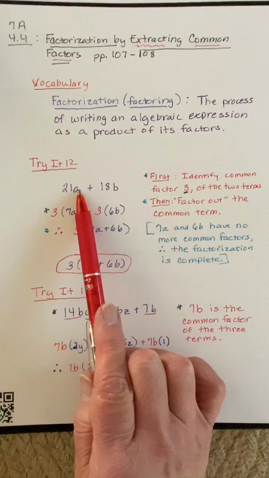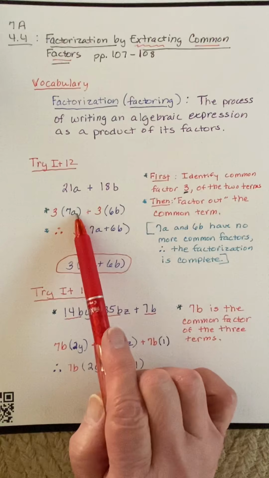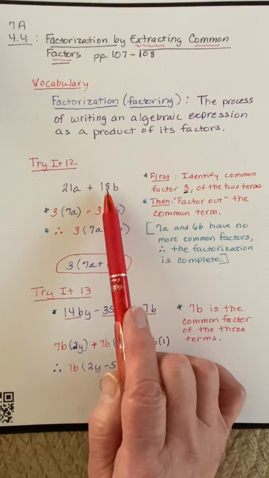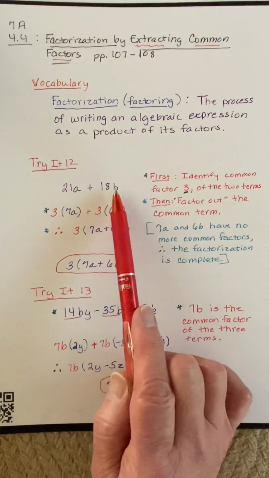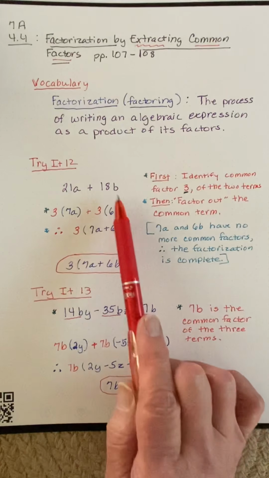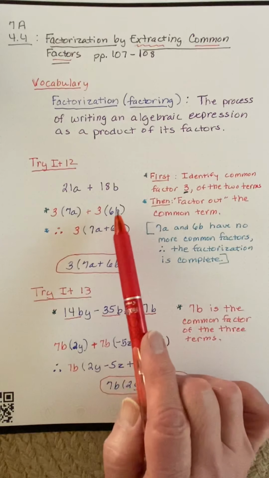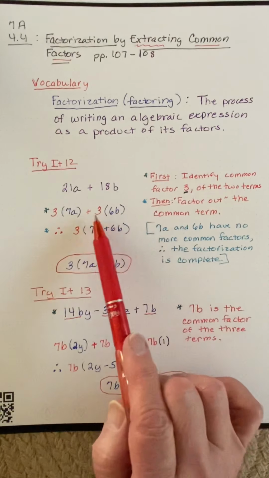So 21a becomes 3 times 7a, because 21 divided by 3 is 7, and I'm left with a. And then if I factor 3 out of a positive 18b, I'm left with a positive 6b, because 18 divided by 3 is 6. And of course, there are no b's to take out, so it's 6b.